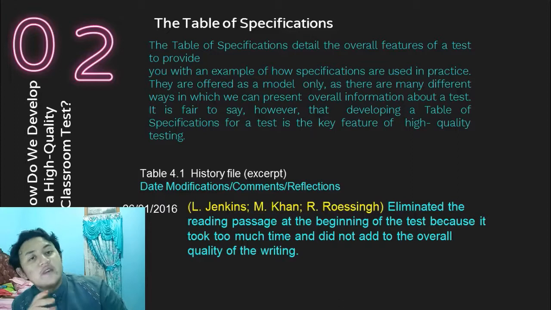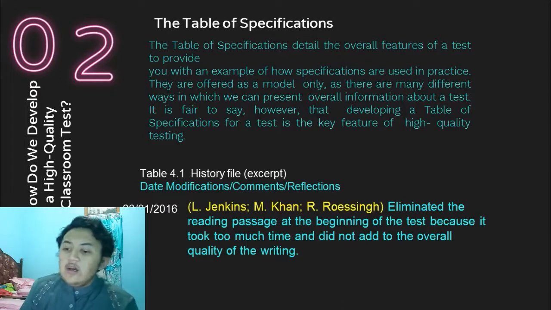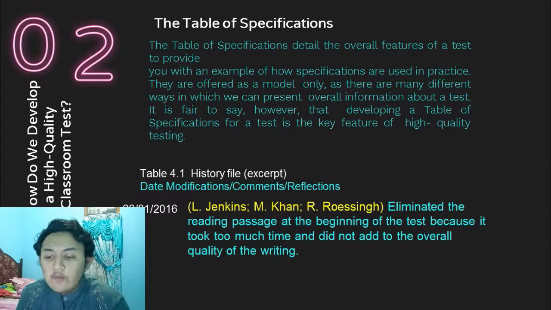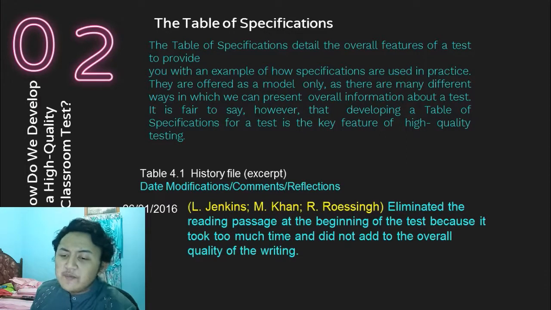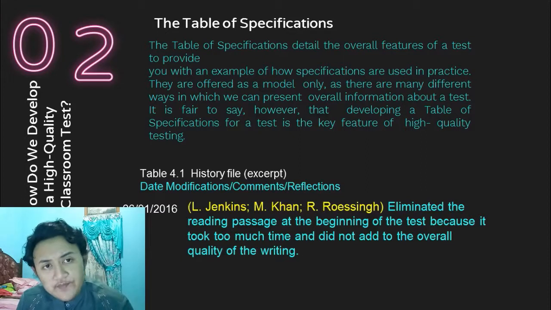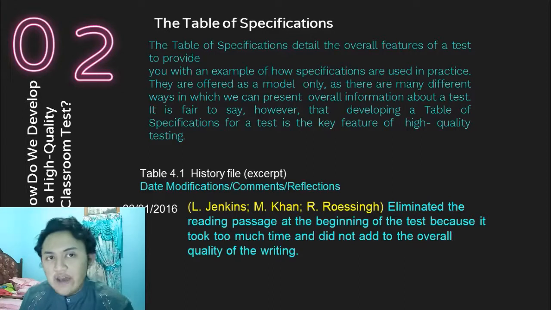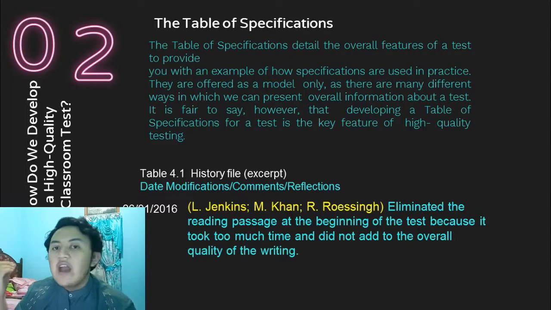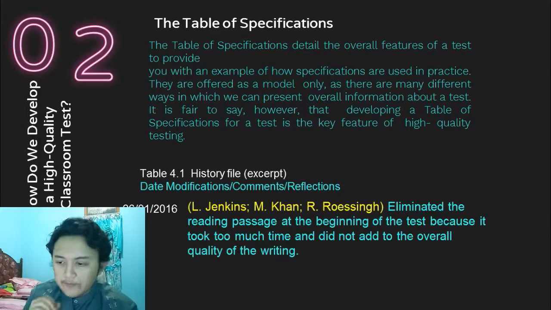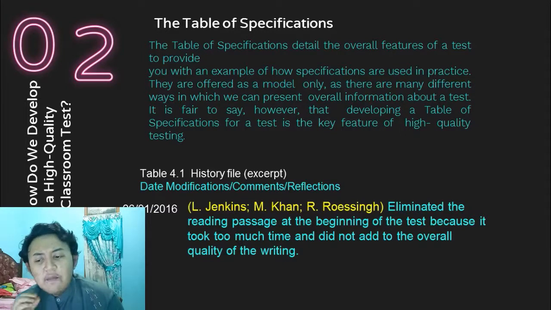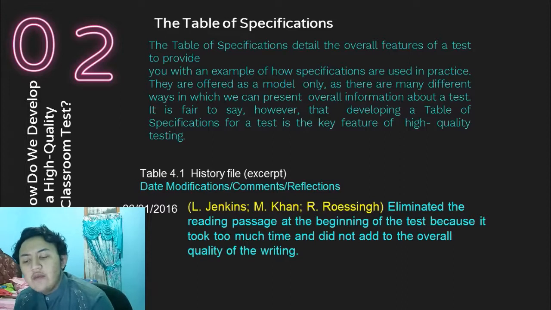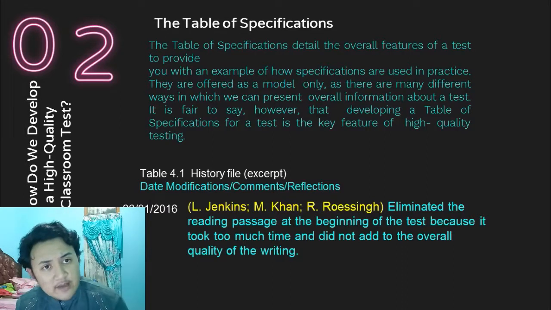The table of specifications is a detail of the overall features of the test, to provide you with an example of how specifications are used in practice. They are offered as a model, so you could look at it as a reference, as there are many different ways in which we can present overall information about the test.